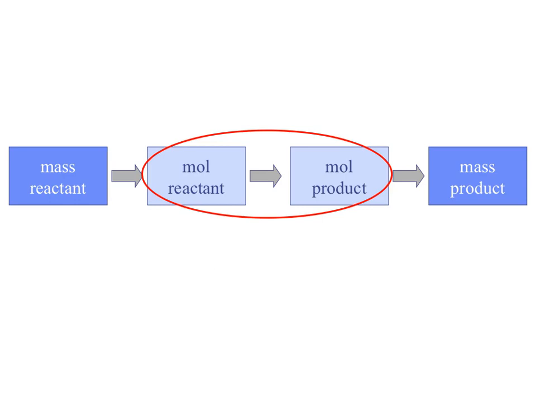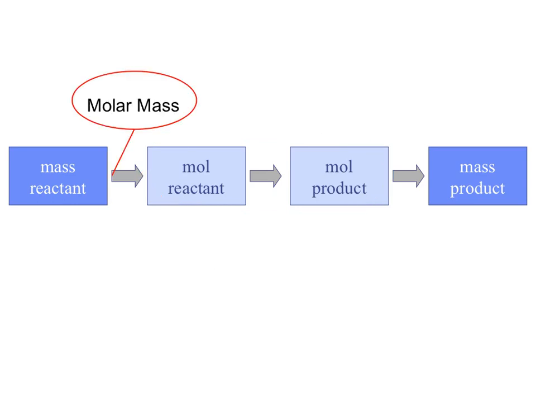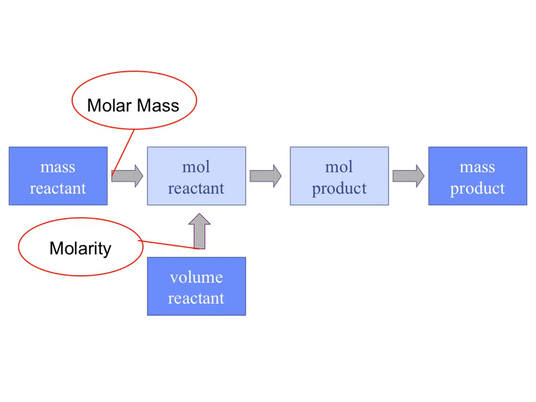We have to convert over to moles in order to use our balanced chemical equation to compare two things in our reaction. What we've been doing so far is using our mass of something in the reaction and the molar mass in order to convert to moles. Molarity now gives us a new way to convert over to moles using the volume of something in solution and a known molarity.